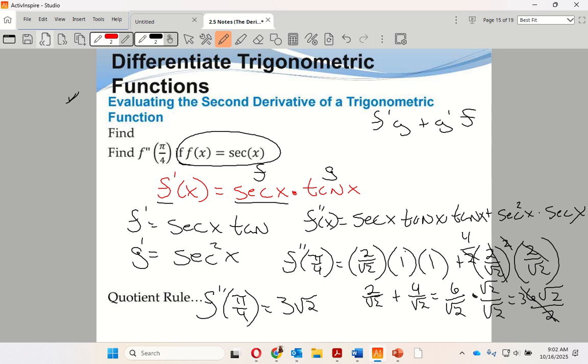Could we have ended on 6 over rad 2? You could have, but you have to simplify for these anyway. You technically don't have to rationalize.